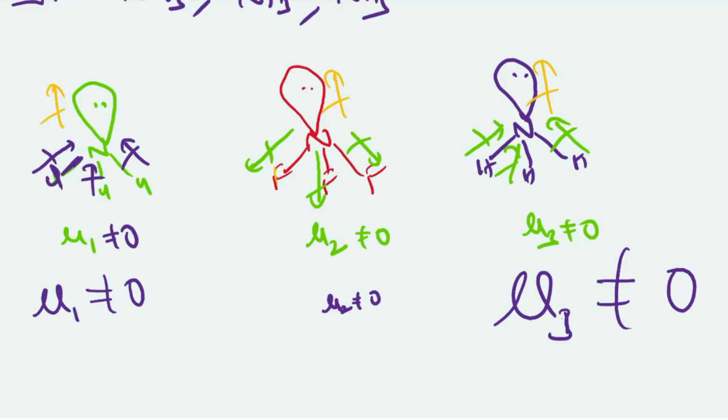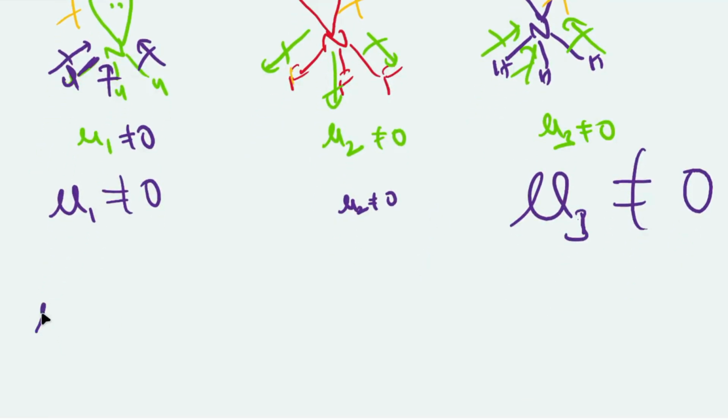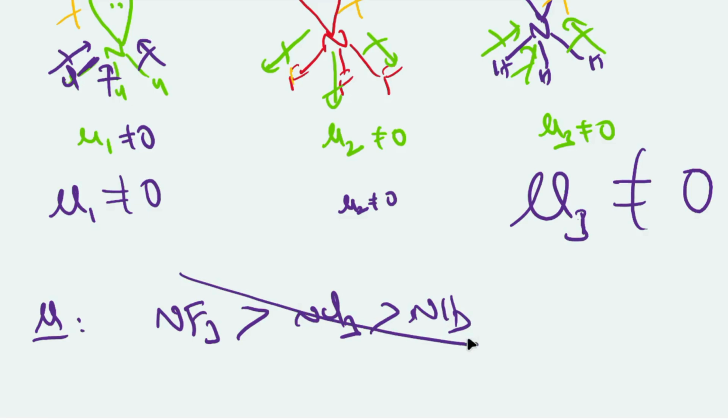Compulsorily, of the first and third, one is more, the other is next, the middle one is last, and NF3 is the last. But in these two, how to decide? Based on the polarity, that means based on the electronegativity difference also, the dipole moment value will come. So the order NF3 greater than NCl3 greater than NH3 is wrong.